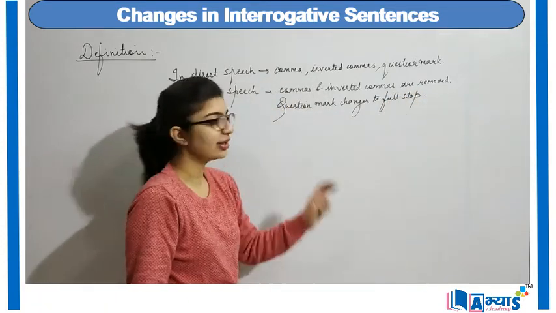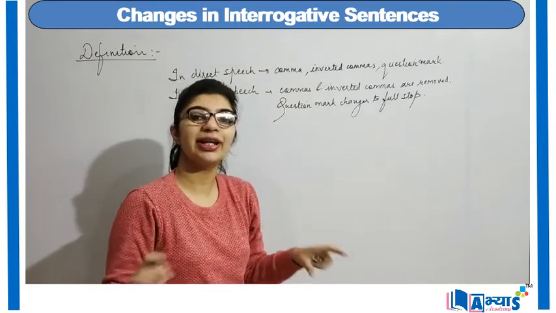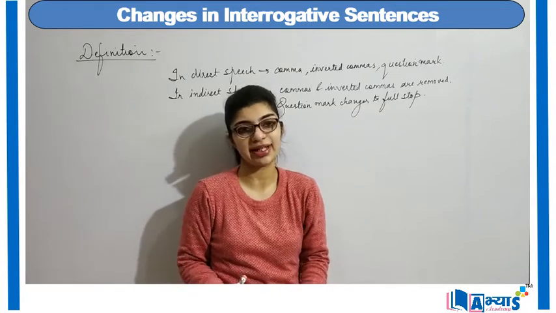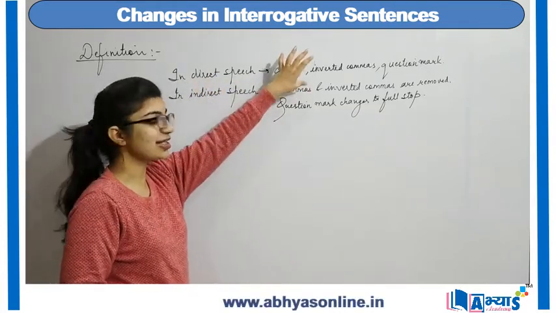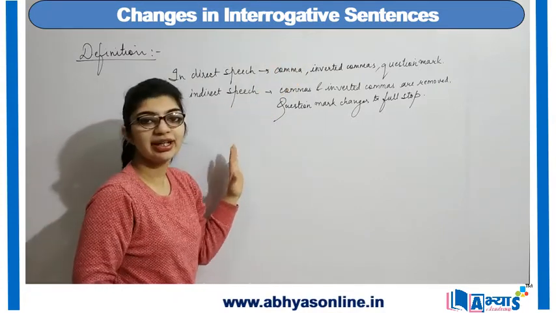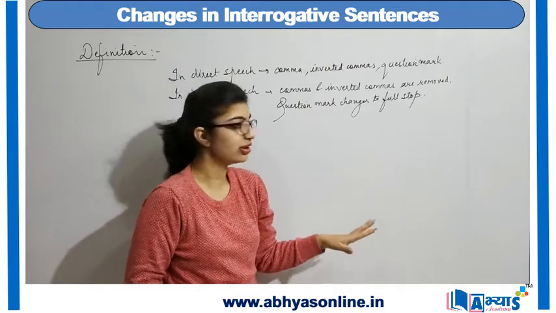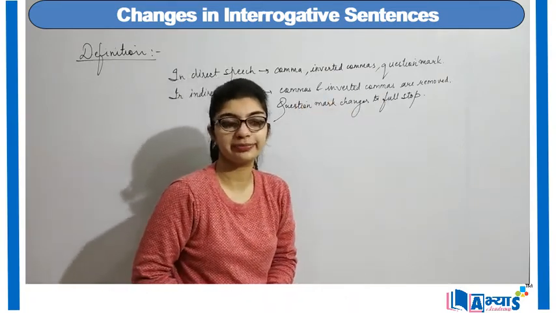Which means that an interrogative sentence changes to a complete sentence, to a simple sentence, right? In direct speech, our sentence is in a questionable form, but in indirect it changes to a simple statement, while the commas and inverted commas are omitted.